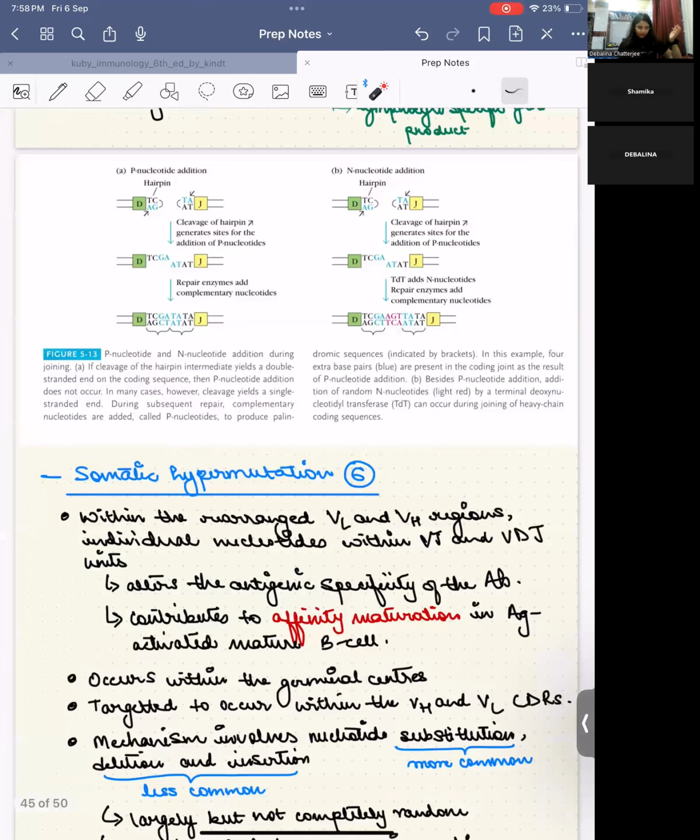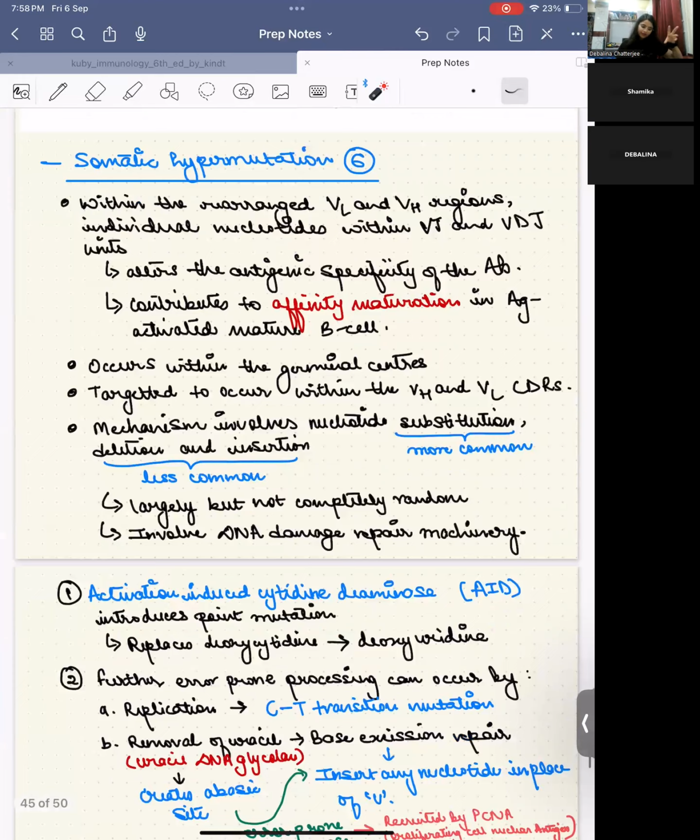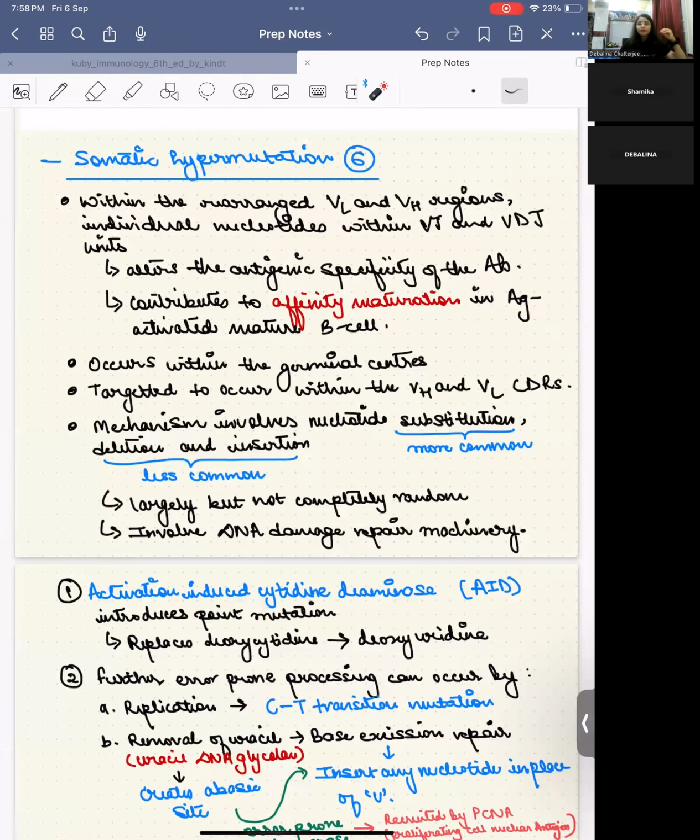Somatic hypermutation is the process wherein, again, we have random mutations happening. So far we saw that some nick is made, and in an attempt to refill the gap, certain nucleotides can be added or deleted, right?